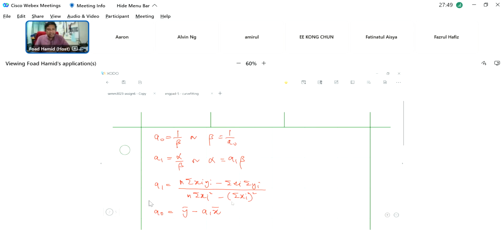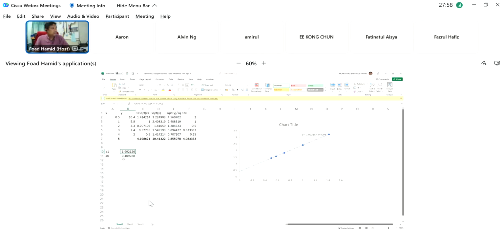Okay, so in this case, A0 is just your bar Y minus A1 X bar. So this is the same thing, which is, oops, this one.